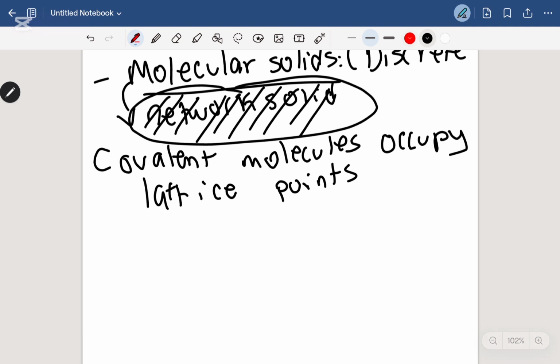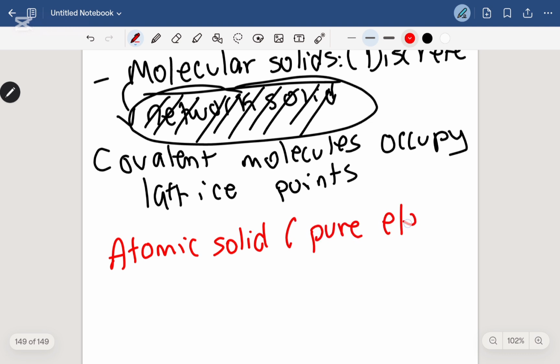The rest are just going to be simple definitions, so I'm going to write them quickly. An atomic solid is a pure element. So pure elements, for example, pure phosphorus, pure sulfur, pure carbon. But carbon is a special case. We're not going to go into it. You cannot say that carbon is an atomic solid.